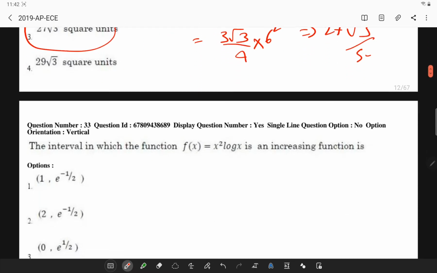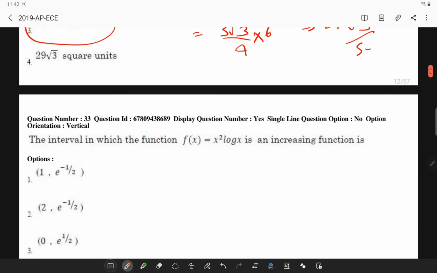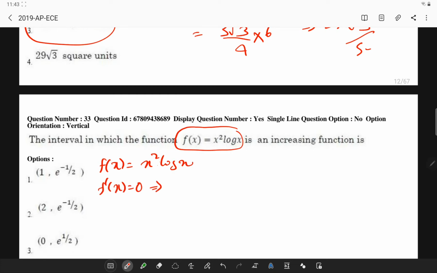The next question is again related to maxima and minima. So f of x is x square into log x. Here the first step is to calculate f dash x and equate it to 0.